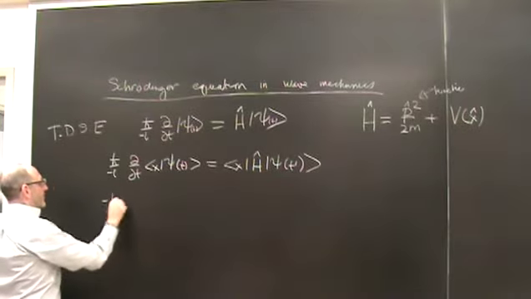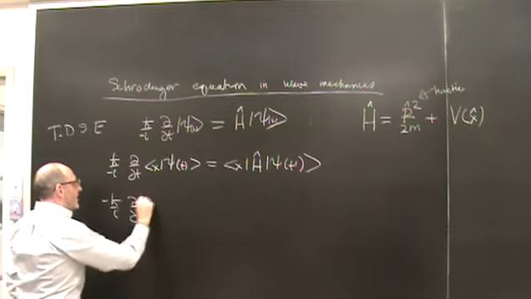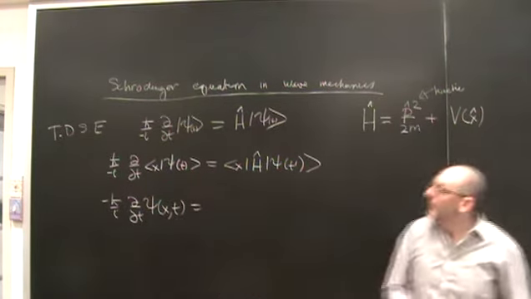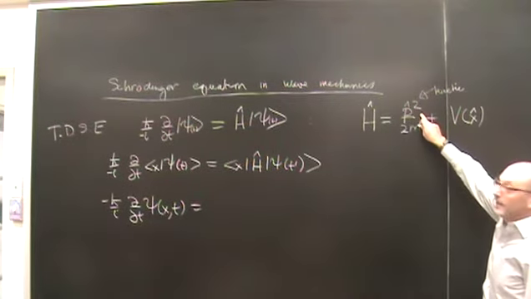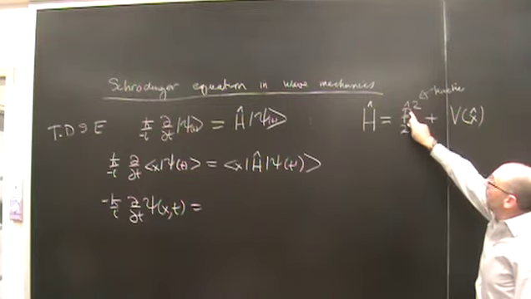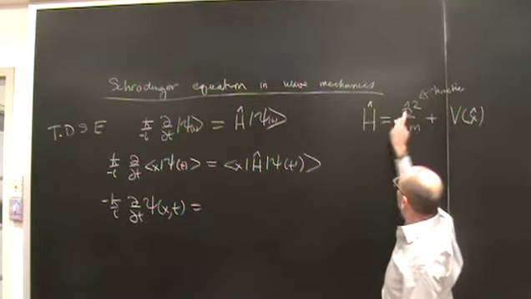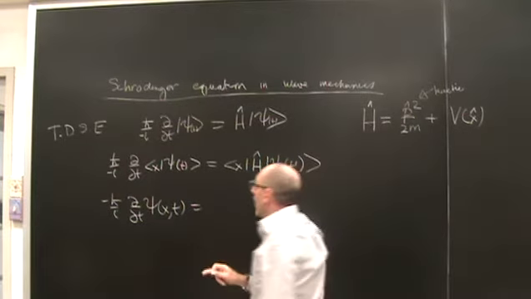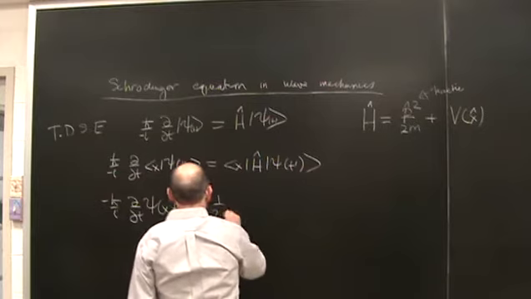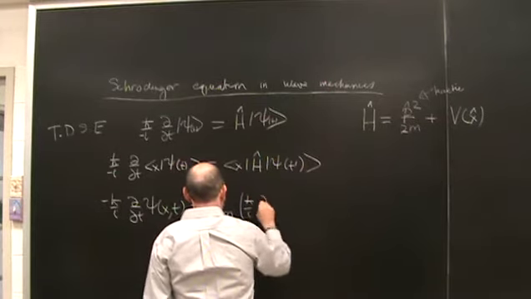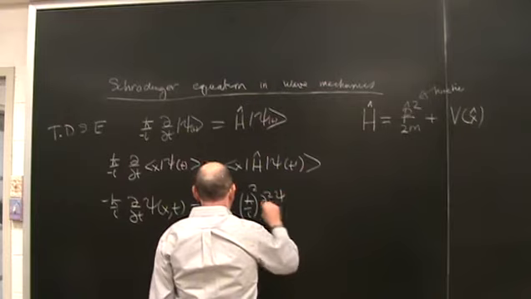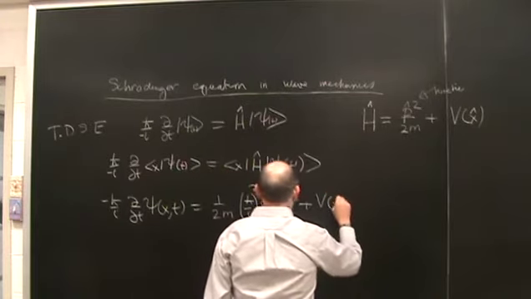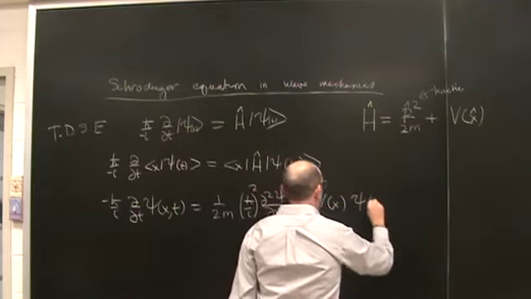This is thus the partial derivative with respect to time of the wave function psi of x and t. And then I have to have the momentum representation, the momentum operator represented in x is the derivative with respect to x. So this becomes 1 over 2m, h bar over i squared, the partial squared, plus V of x acting outside.